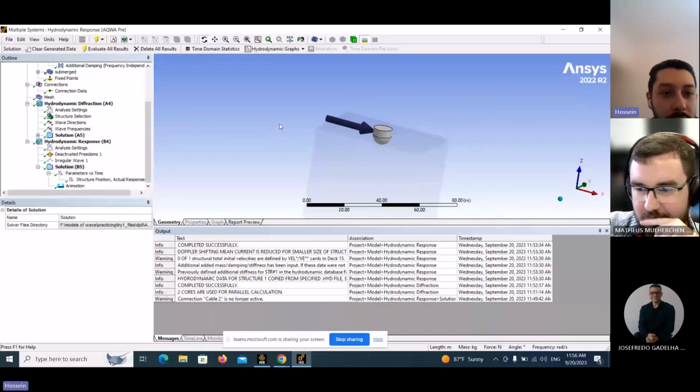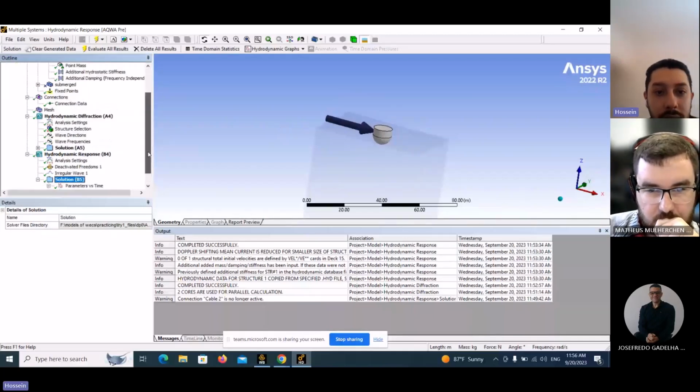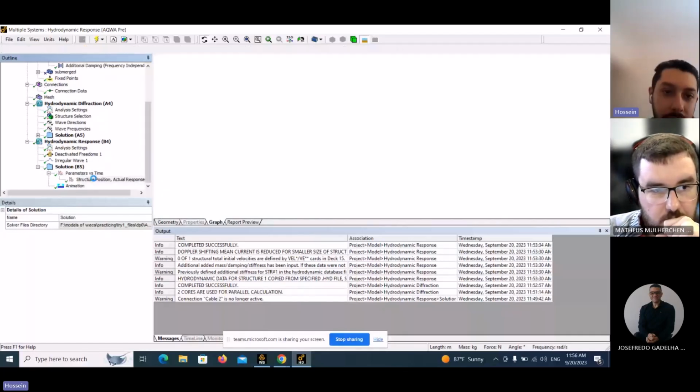Now we assign the stiffness and damping matrices to our structure to model the PTO. And here we can see the changes in the motion of our structure. That is the result of the effect of the PTO.